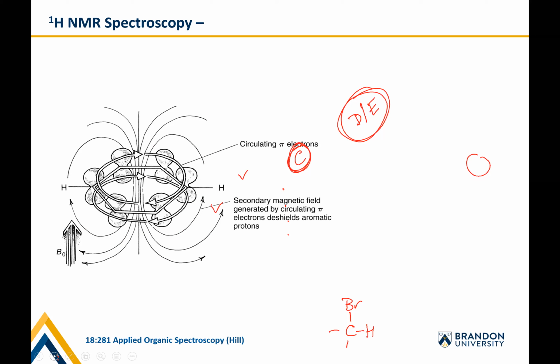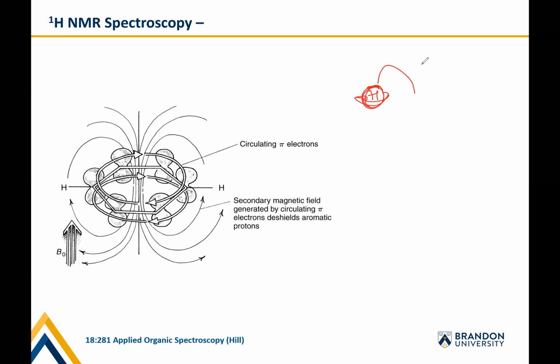So now, let's erase this stuff. Remember when we had our little proton, and it caused the electrons to circulate around it, and then that induced a magnetic field that was opposed to the applied field.